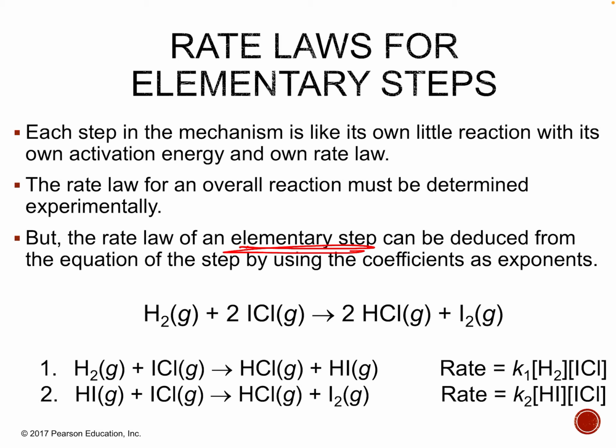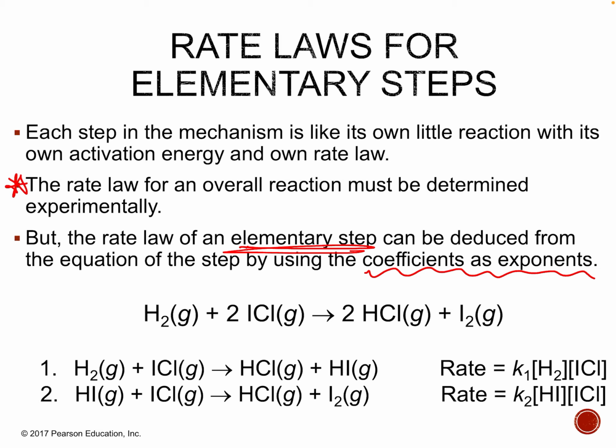We're going to use the coefficients as their exponents. Again, you cannot do this for an overall reaction. The rate law for an overall reaction must be determined experimentally. You can't use the coefficients as the exponents for overall reactions, only if it says elementary steps, or if it tells you this is the reaction mechanism.